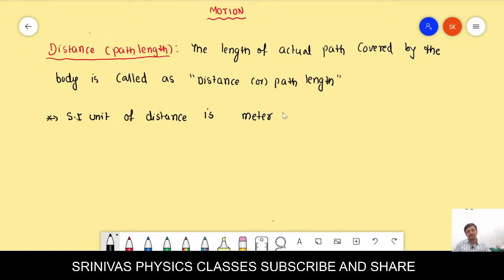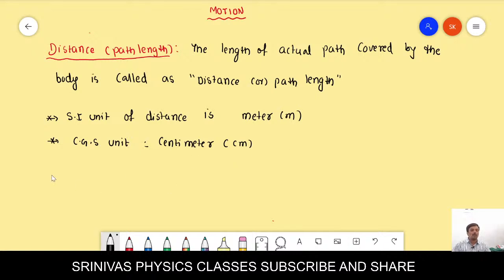Meter is the unit. And the CGS unit, CGS meaning centimeter gram second, is centimeter. We write cm.